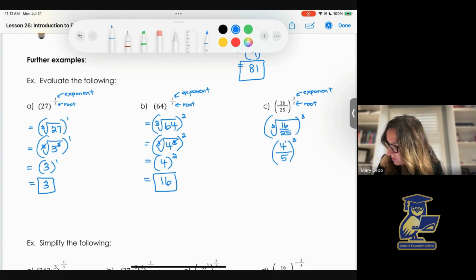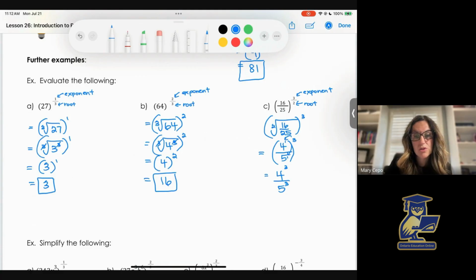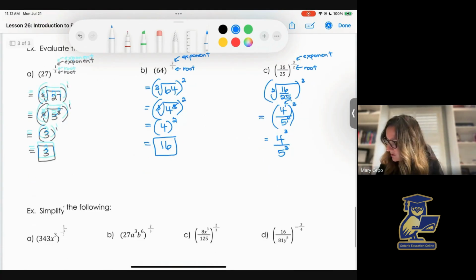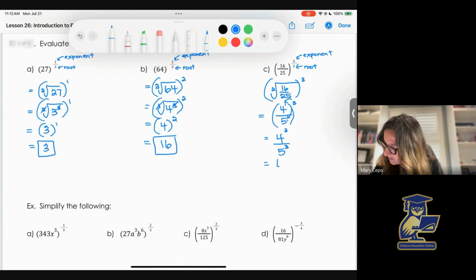What you do want to remember, though, is you have to distribute that properly. So it becomes 4 to the power of 3 over 5 to the power of 3. Well, again, exponents are repeated multiplication, so 4 times 4 times 4, which we know is 64, and 5 times 5 times 5, which is 125.